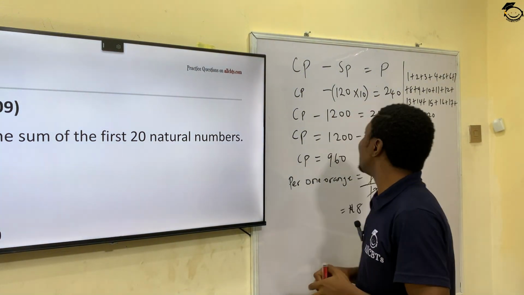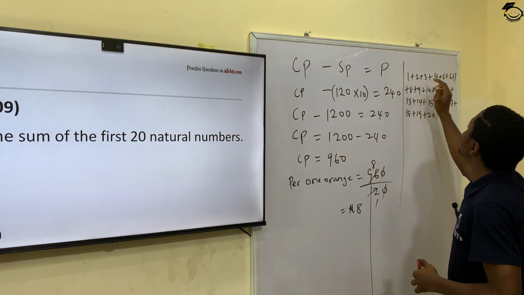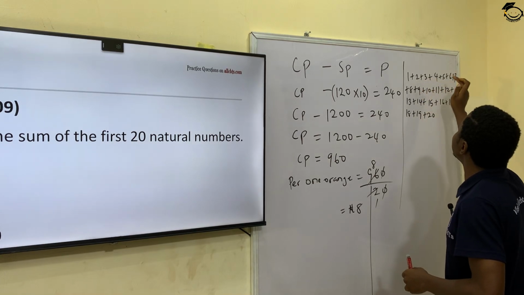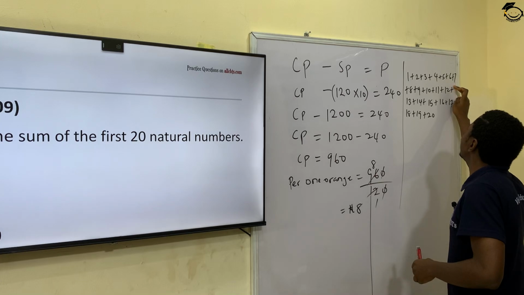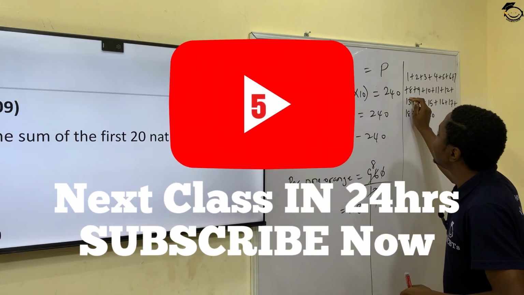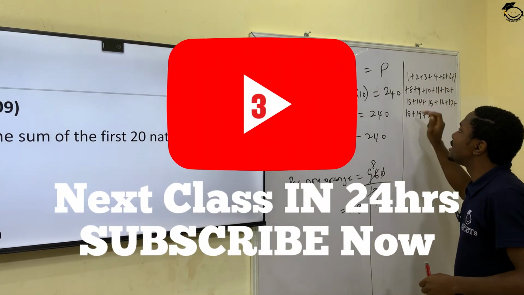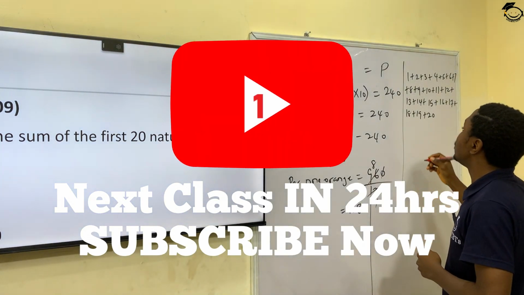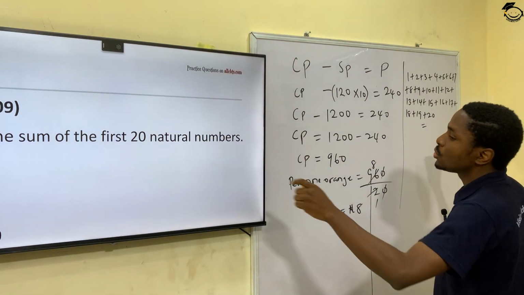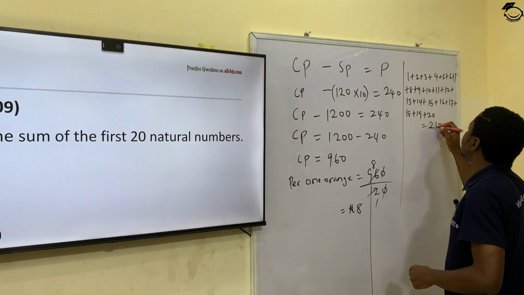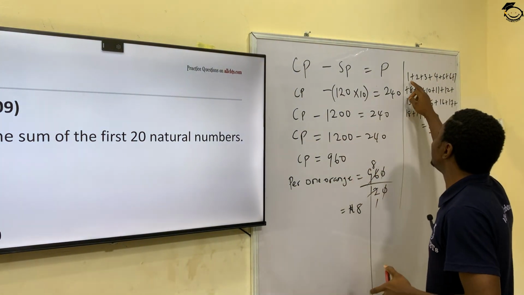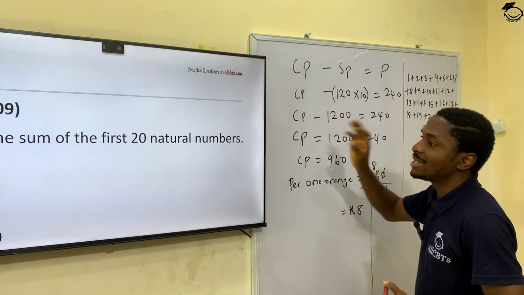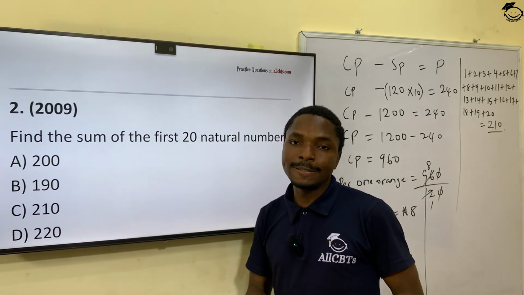Right. So now you begin to have it. 1 plus 2, 3, 3 plus 3, 6, 10, 15, 21, 28, 36. By the time you sum up everything, what you will have is what? 210. Okay. So that's the sum of 1 to 20. That's the answer to this question, 210.